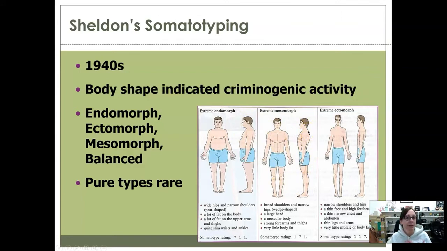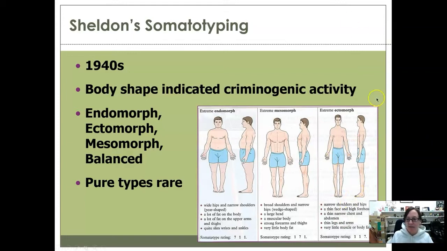If you are athletically built, you are more capable of violence. But then he also said the endomorphs might be more likely to commit crimes compared to the ectomorphs, but they'd be less strenuous crimes, so things like fraud. Also, he said the endomorphs were more likely to suffer from mental illness. And the ectomorphs, he said, were least likely to commit crimes overall, but they were also more likely to commit suicide. So these things have not really gotten much support.